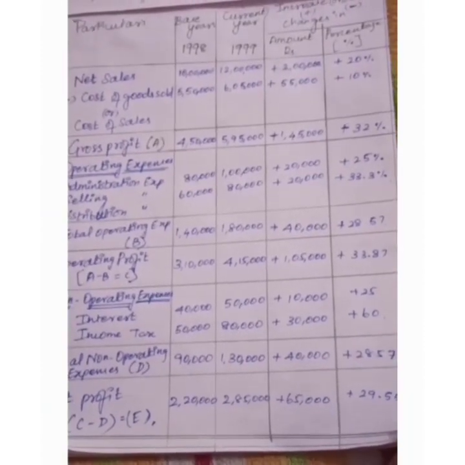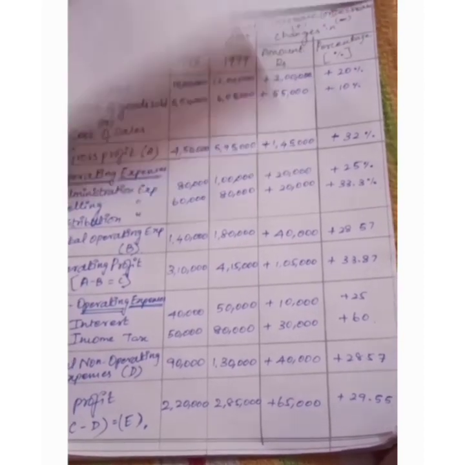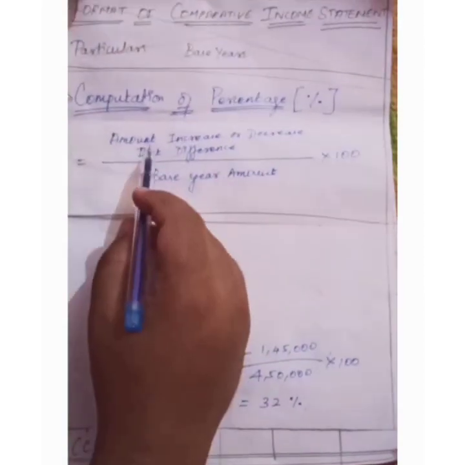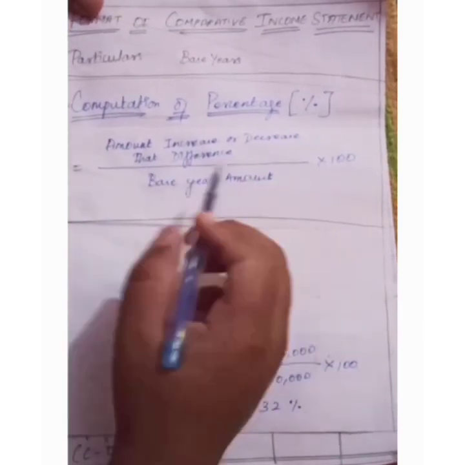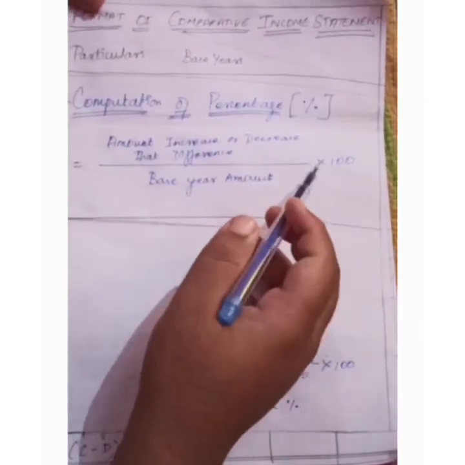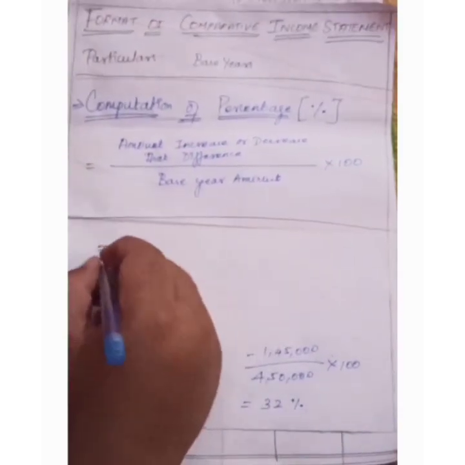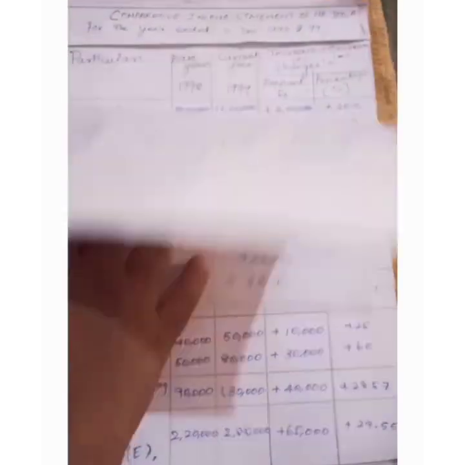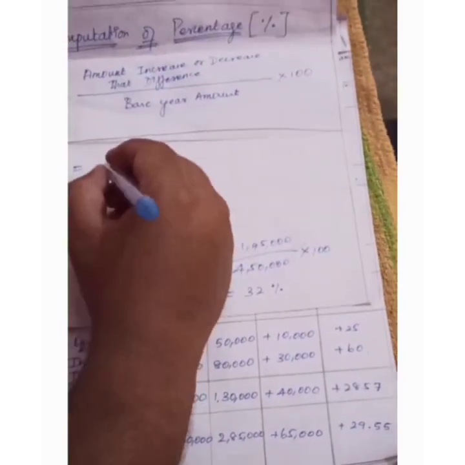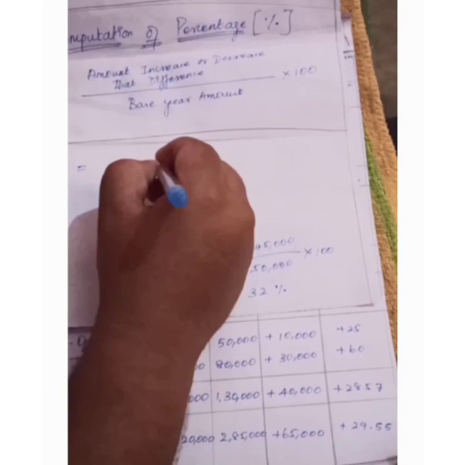And here using the same formula for computation of percentage, amount increase or decrease, that difference divided by base year amount into 100. Now the increasing amount, the difference amount only I take here is plus 65,000.